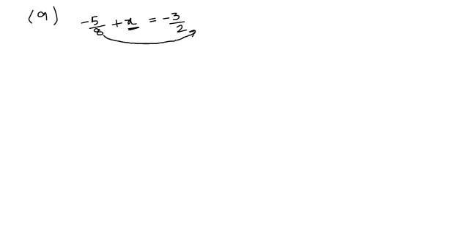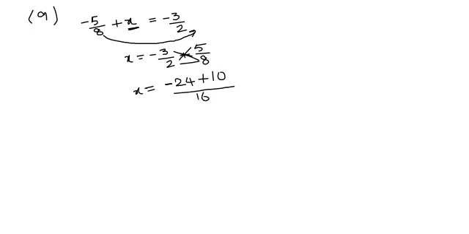You can do that with the 2 table: 2 8s are 16, 2 7s are 14. What is the answer? 7 by 8. Just one minute. Okay, yes, it's correct. So we will get plus 7 by 8. If you add that 7 by 8 to this minus 5 by 8, you will get minus 3 by 2. So that is the reason.